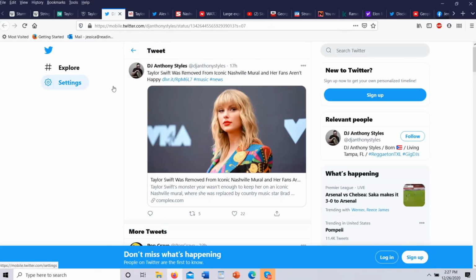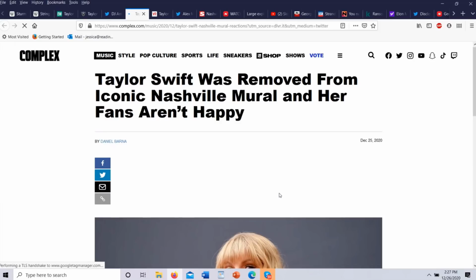There was also a DJ. I'm not sure exactly how long ago this happened, but Taylor Swift was removed from an iconic Nashville mural, and her fans aren't happy. It says that Taylor Swift's monster year wasn't enough to keep her on an iconic Nashville mural, where she was replaced by country music star, I'm not sure who that is, Brad something.